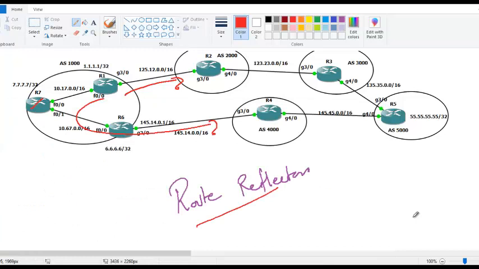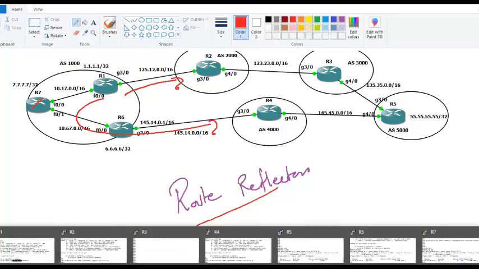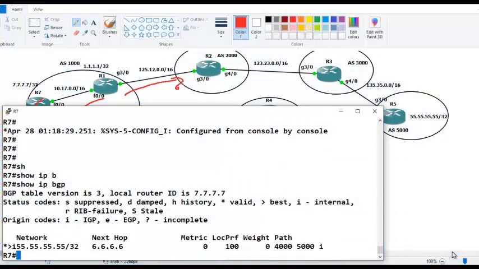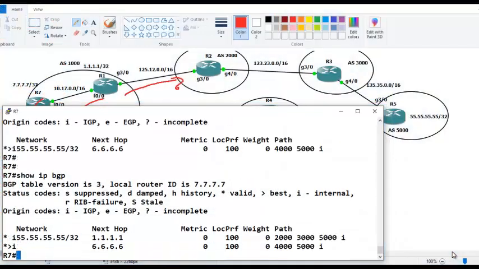Now if I go to router 7, you will see both the routes. One via router 6, the shortest, another via router 1. Even though it is long, it is seen here, but it will not be used because weight is local to the router.